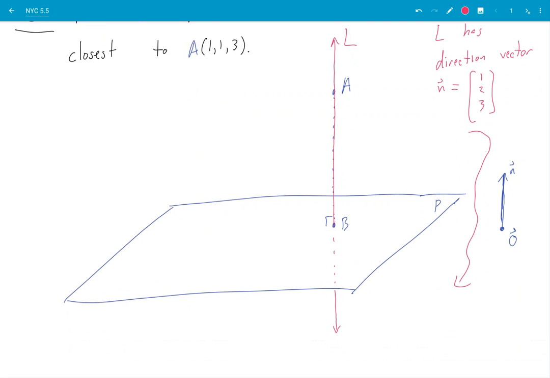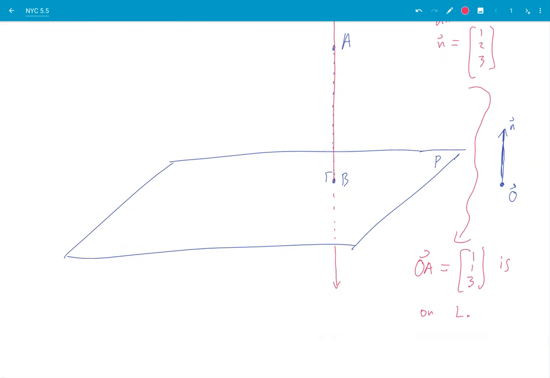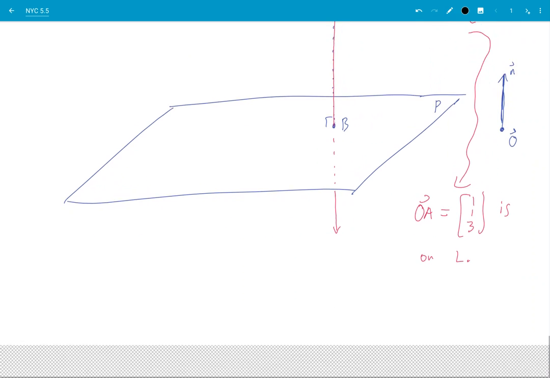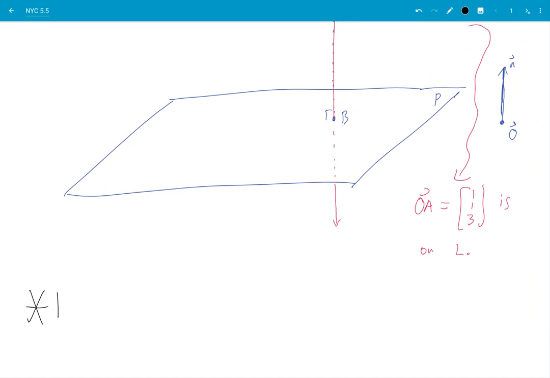I need a point that is on L. Well, I don't have B, but I do have A. So the vector 0A, which is 1, 1, 3, is on L. So here's the idea.